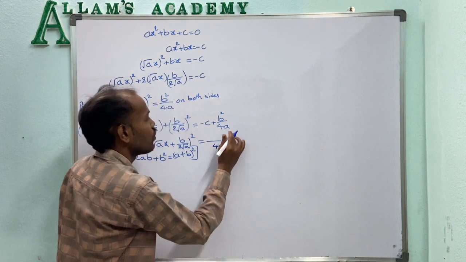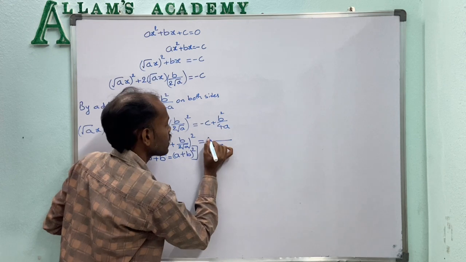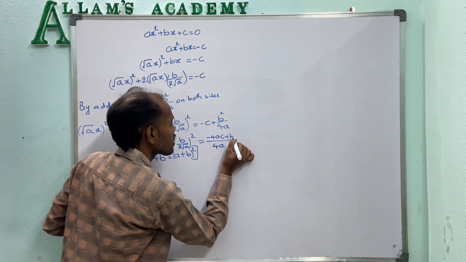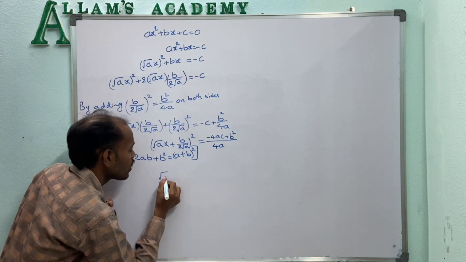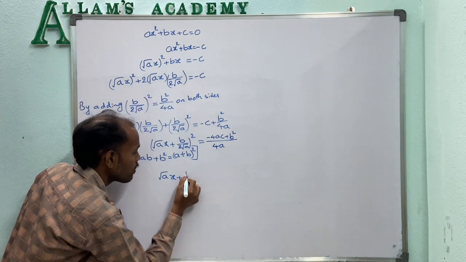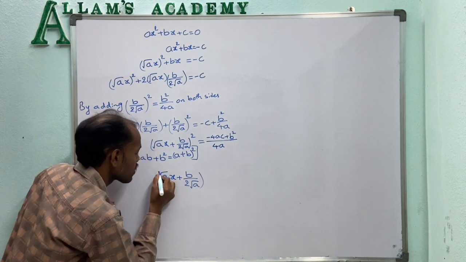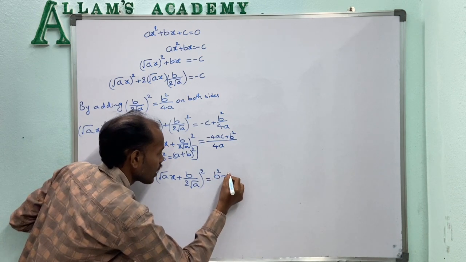Taking 4a as the common LCM, it is multiplied with minus 4ac plus b square. That means now we can write root a x plus b by 2 root a whole square equal to b square minus 4ac by 4a.